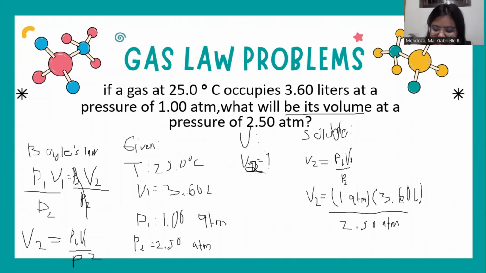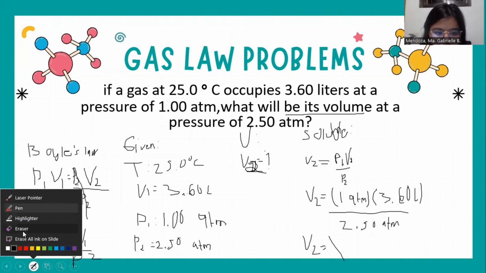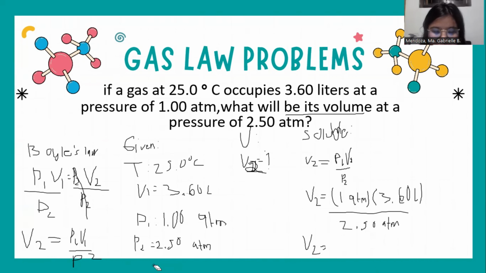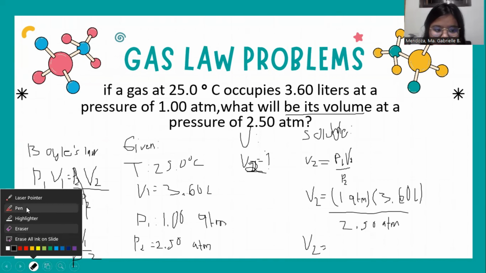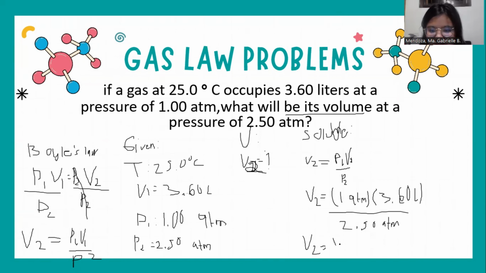So, 3.6 divided by 2.5, that would be V2 is equals to 1.44. Sana parehas tayo ng sagot na. 1.44.